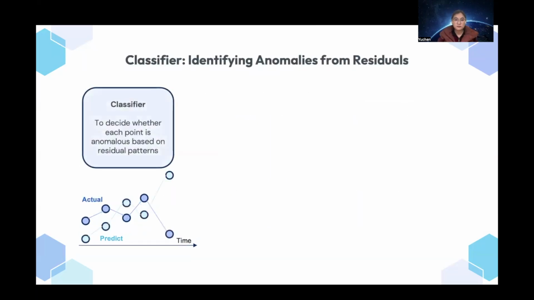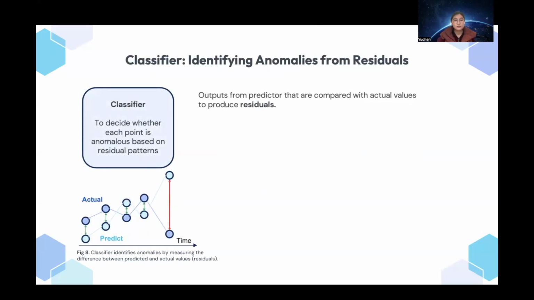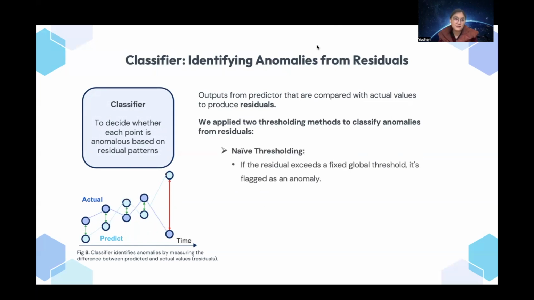Once we've generated predictions for the full series, we compute the residuals, the absolute differences between the predicted and actual values. To determine whether a residual indicates an anomaly, we apply one of 2 thresholding strategies. The first is naive thresholding, which uses a single global threshold across the entire series. If a residual exceeds this threshold, it's flagged as an anomaly.